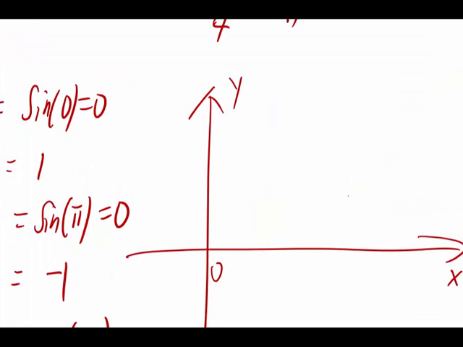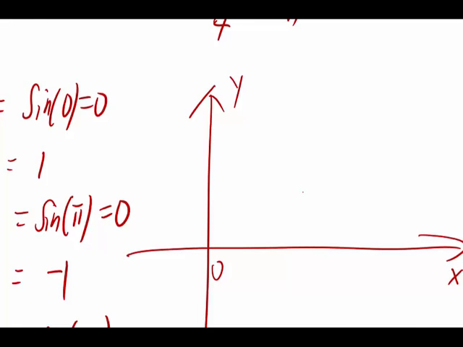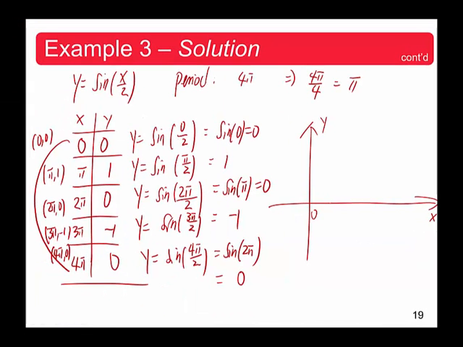For four equal parts, pi, 2 pi, 3 pi, and 4 pi. That completes one period. Maximum is 1, minimum is negative 1.